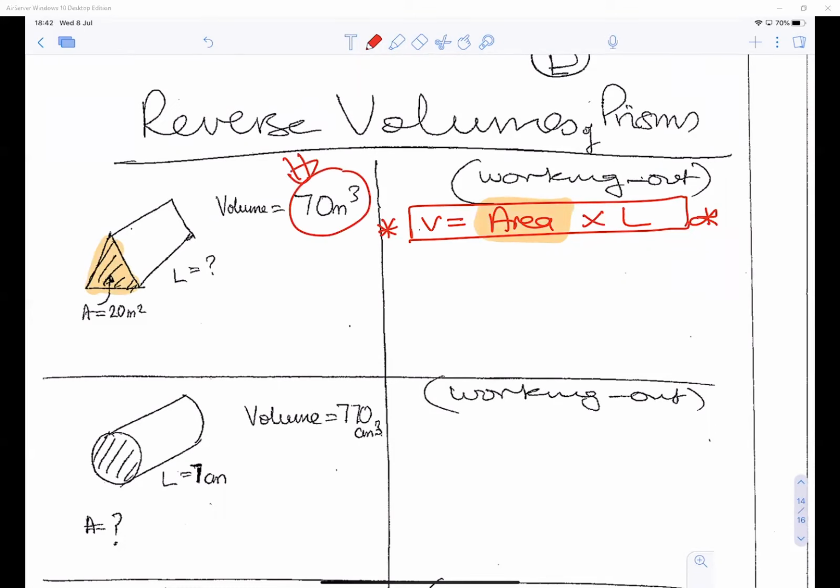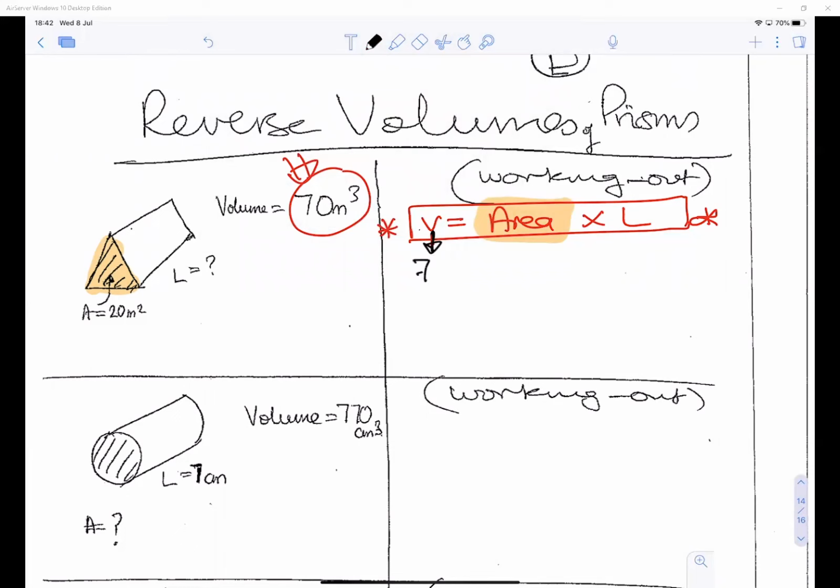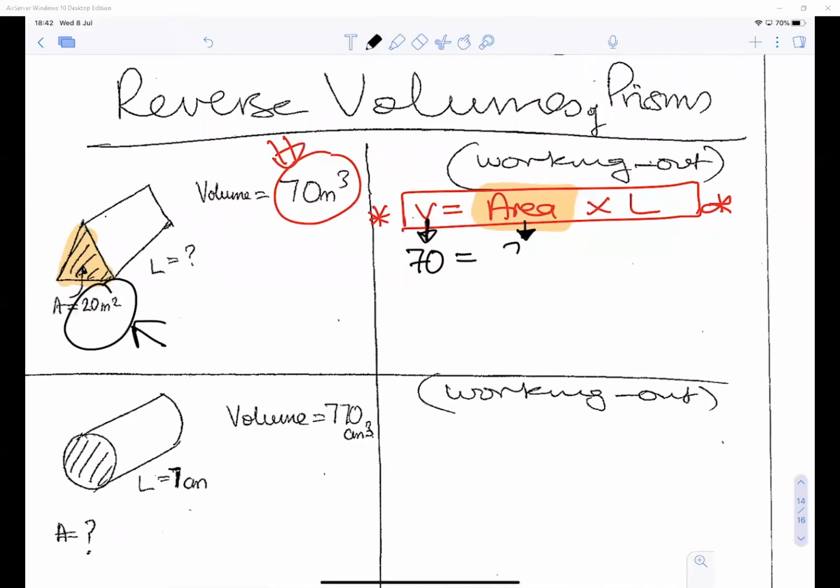The volume is 70 meters. So under the volume, you put 70. And then under the area, what do you put? You put 20 centimeters squared.